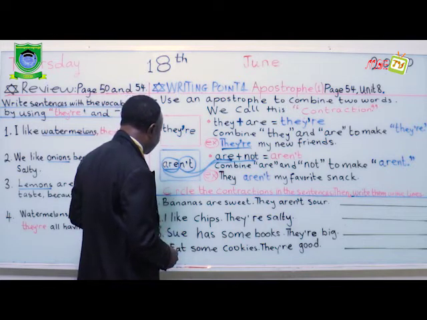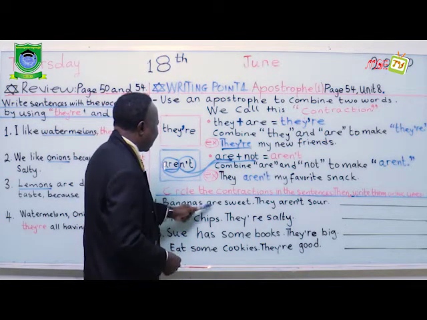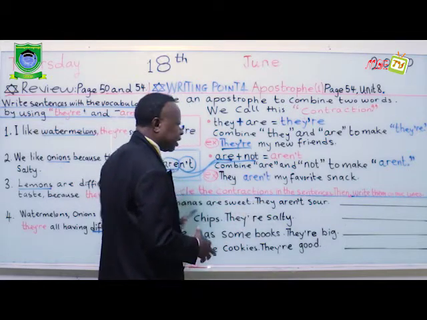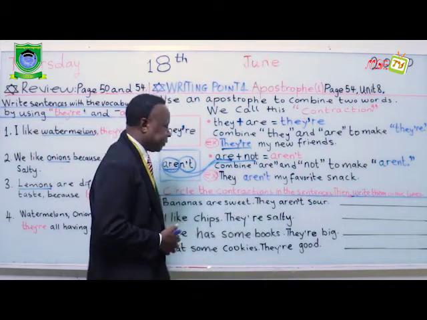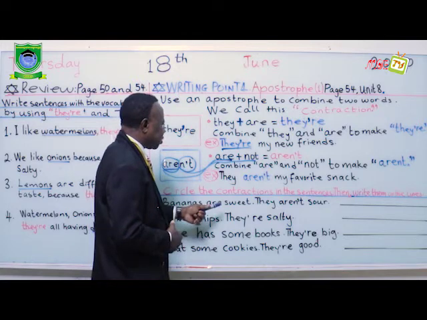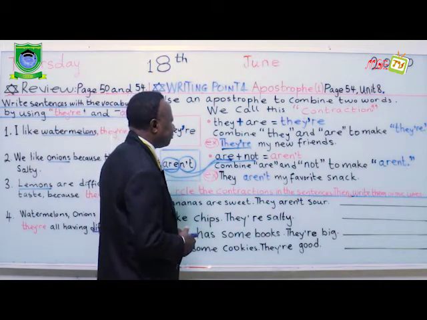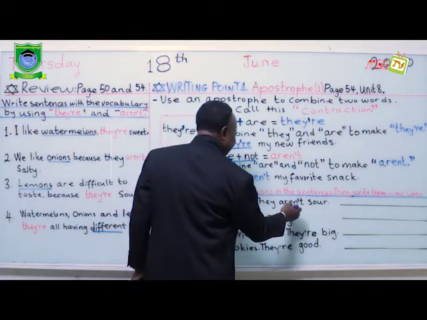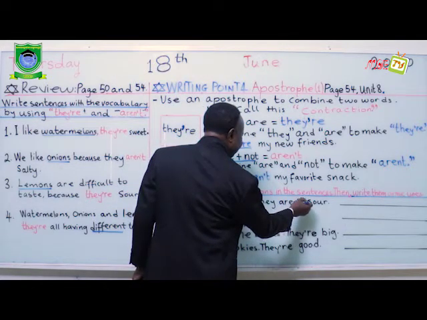So let's find out. Number one, bananas are sweet. They aren't sour. Where is the contraction in this sentence? Bananas are sweet. They aren't sour. Okay, so we've learned that this is the contraction.